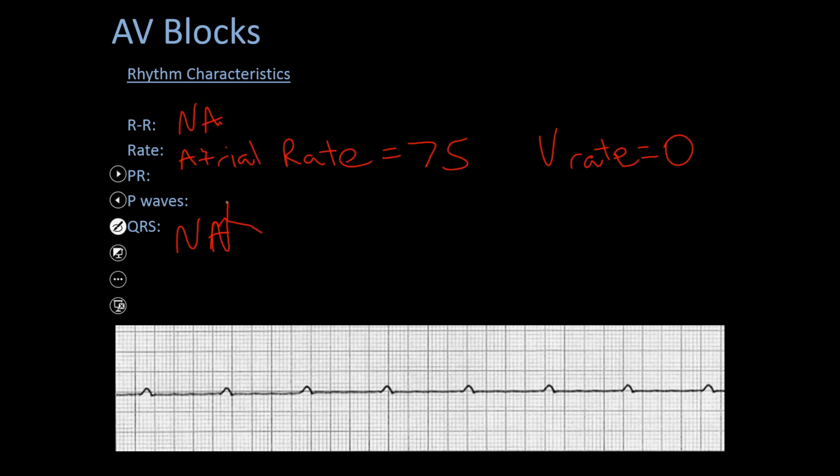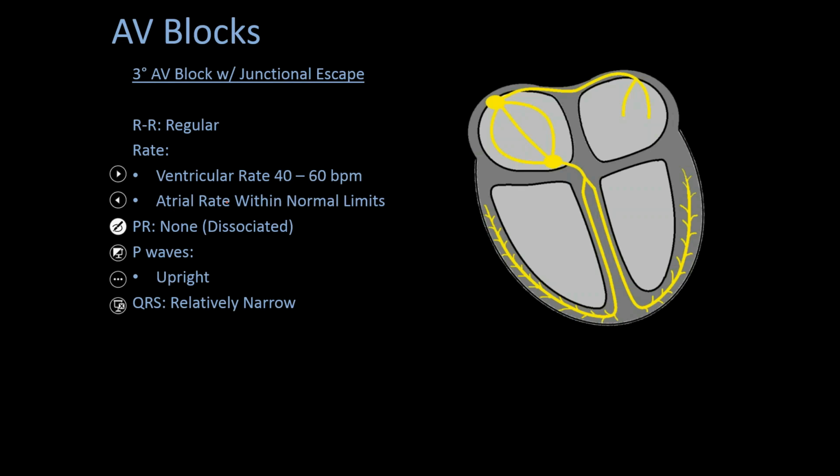So hopefully, if the conduction through the AV node was completely blocked, something would take over. Some other pacemaker could pace the heart. Well, when you have complete block of conduction through this pathway, and we call this third degree AV block, hopefully one of the redundant pacemakers can take over.